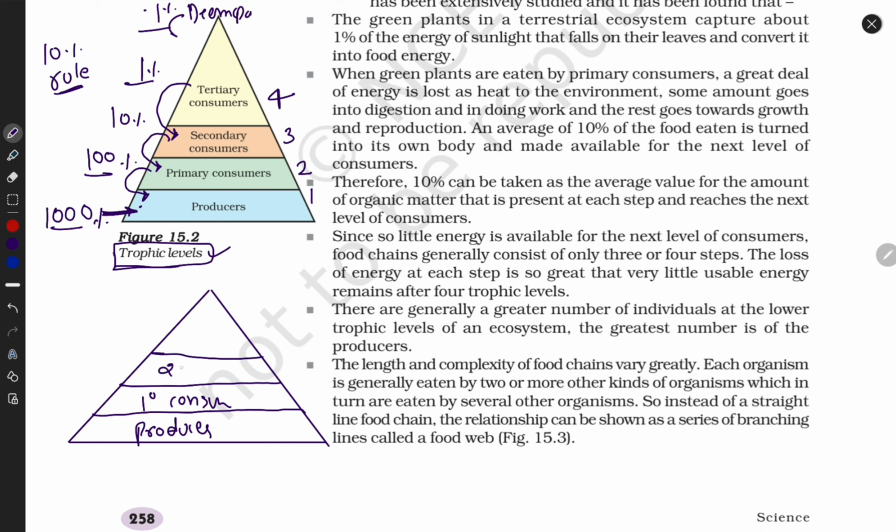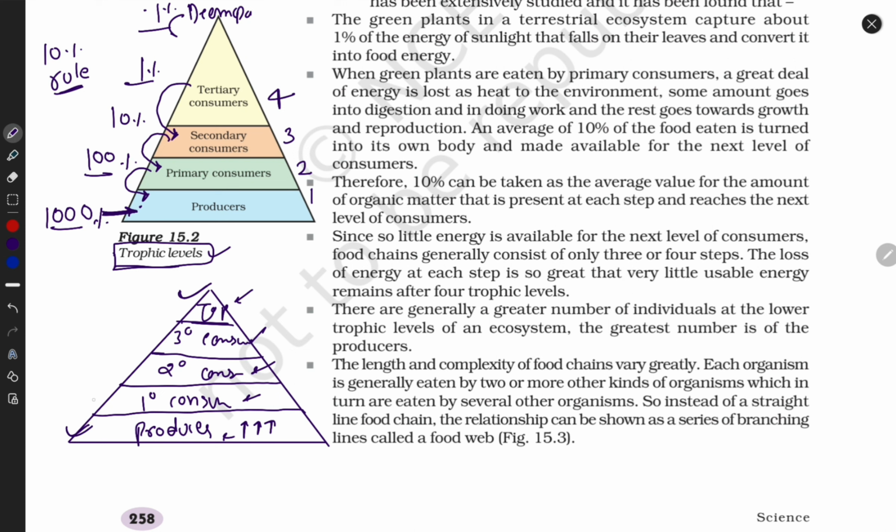Highest biomass is for producers, then primary consumers, then secondary consumers, then tertiary consumers, and then the minimum biomass containing organism is the top consumers.